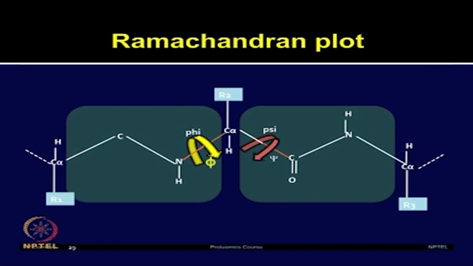All the combinations of phi and psi angles are not possible. So, the allowed combinations can be viewed on a 2D plot, which is known as the Ramachandran plot or Ramachandran diagram. There could be many possibilities of various types of combination, but all the combinations are not allowed because of the steric hindrances and collision between the various atoms.